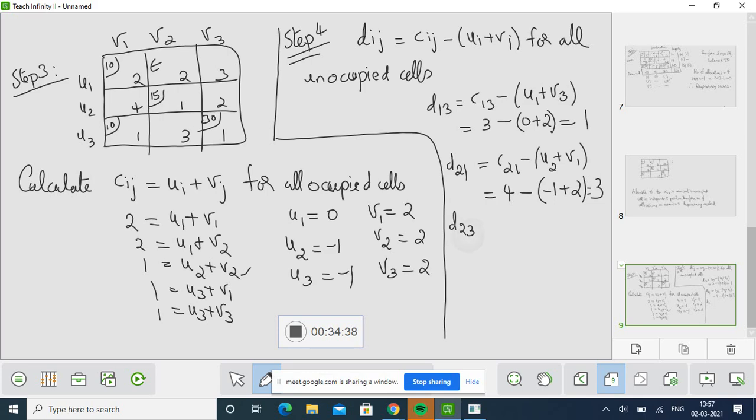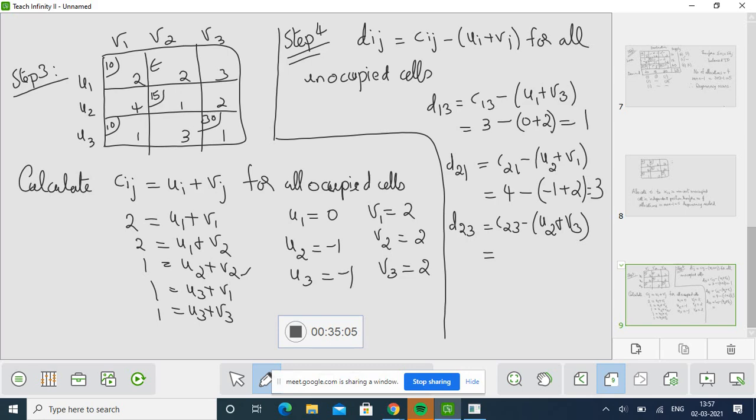Then D23. What is D23? C23 minus U2 plus V3. What is C23? I want somebody to give me the answer. What is C23? One.